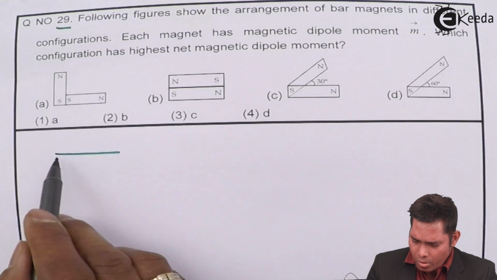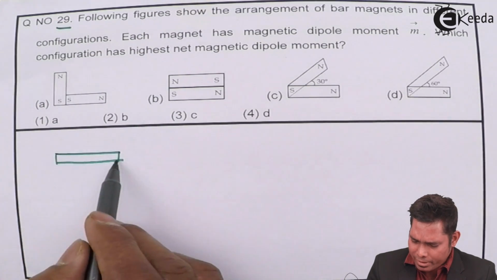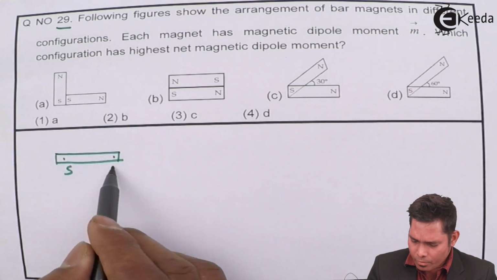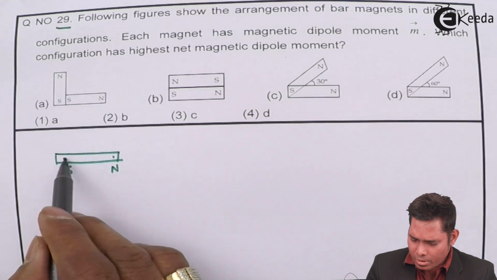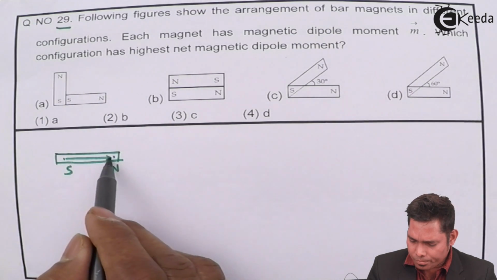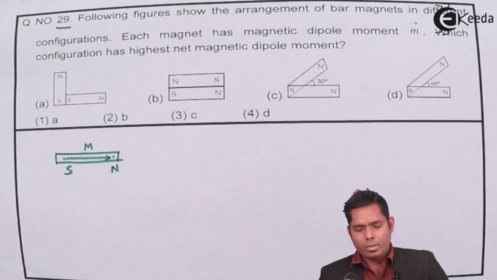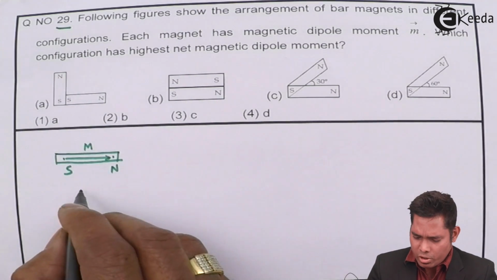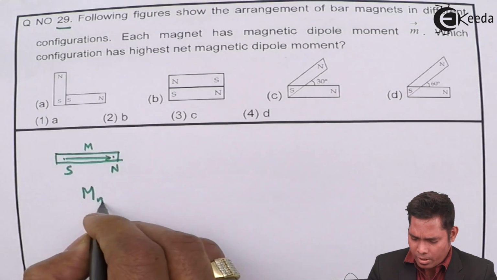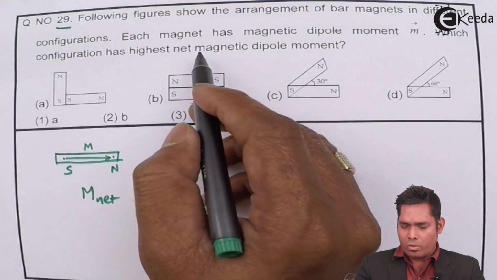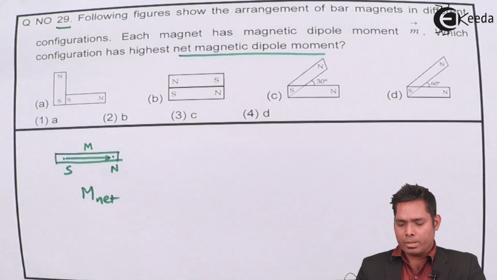Each bar magnet has dipole moment M. We are interested in M net, the resultant or net magnetic dipole moment.